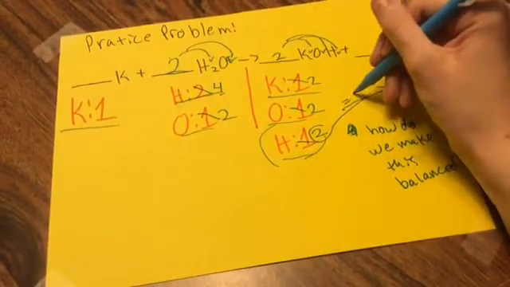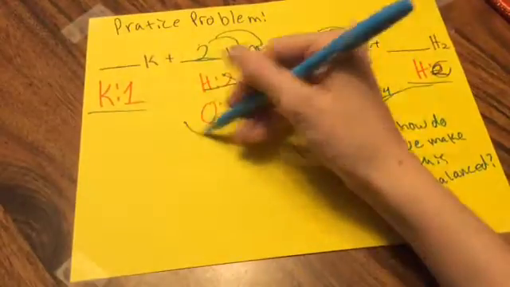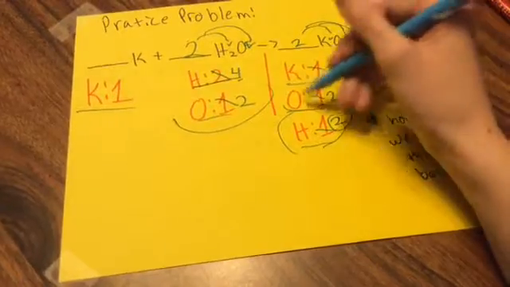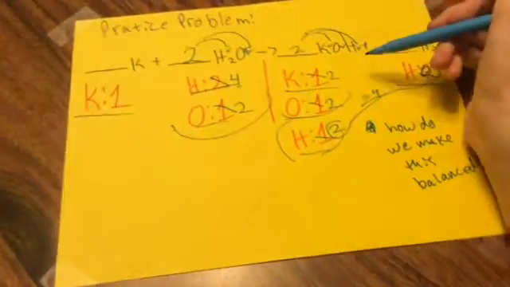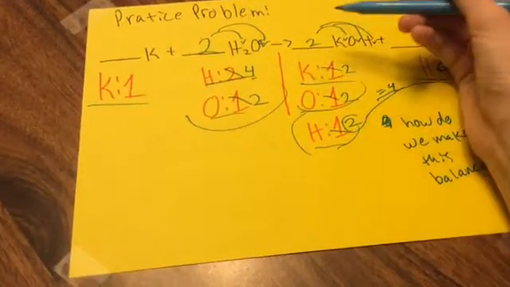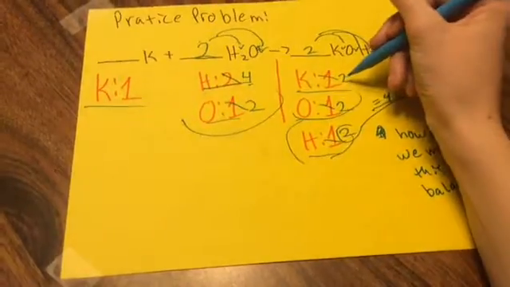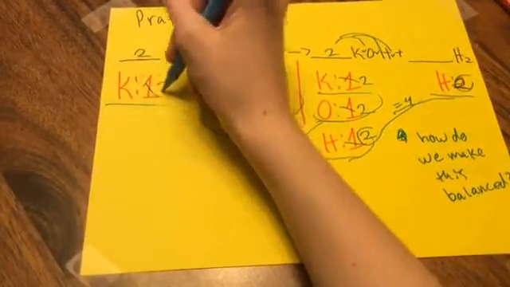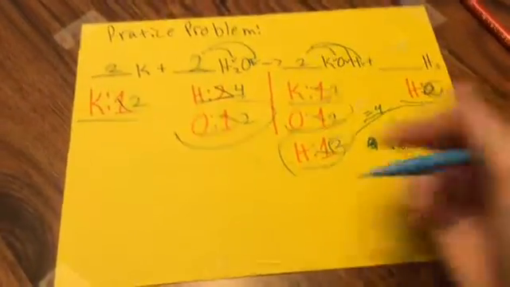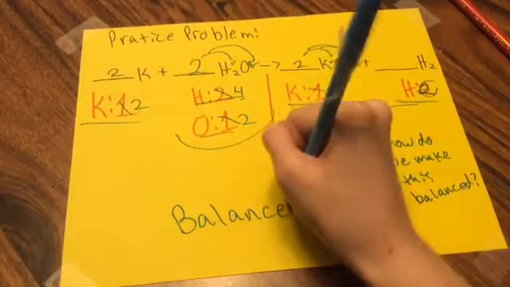Okay, now these 2 are balanced. Oh, this one's not balanced over here. Okay, so now we have to find out how to make these balanced. Since there's a 2 here, I think let's just try 2. So 2 times 1 is 2, and now this guy is balanced. Okay.